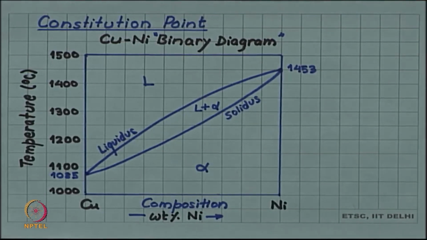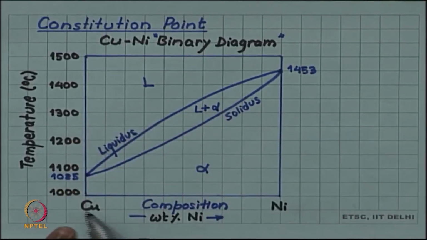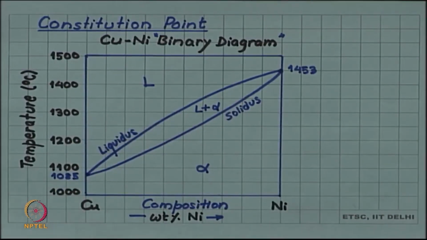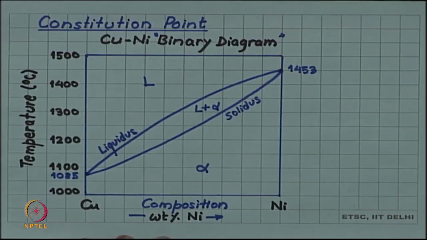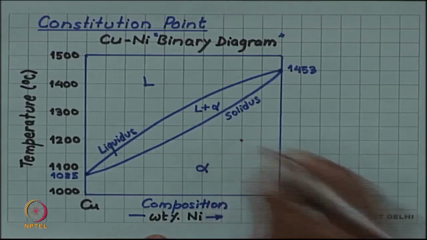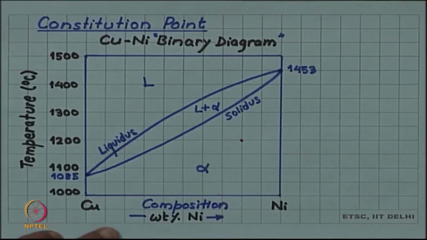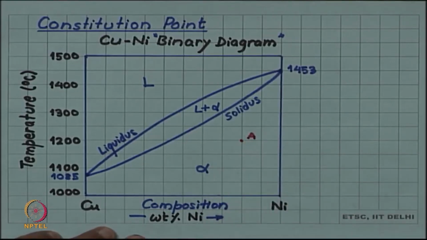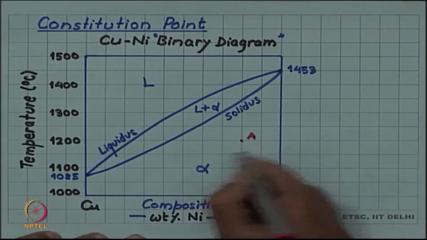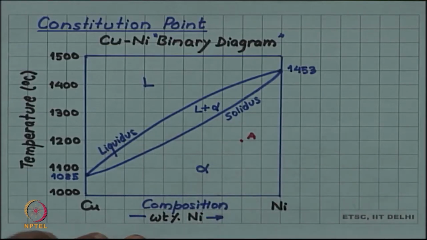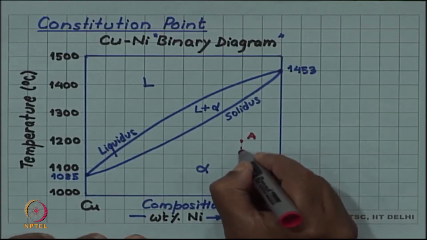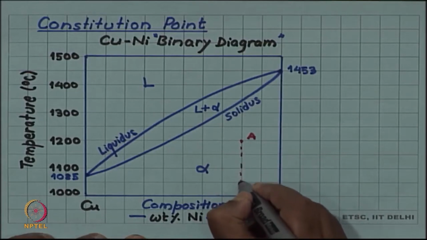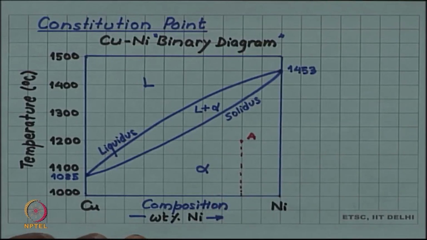Now, this phase diagram is a diagram in the composition temperature space. So, any point in the diagram, if I mark any point, if I put my pen at this point, let me call this point A. Since it is a point in temperature composition space, the x coordinate of this point is a composition.